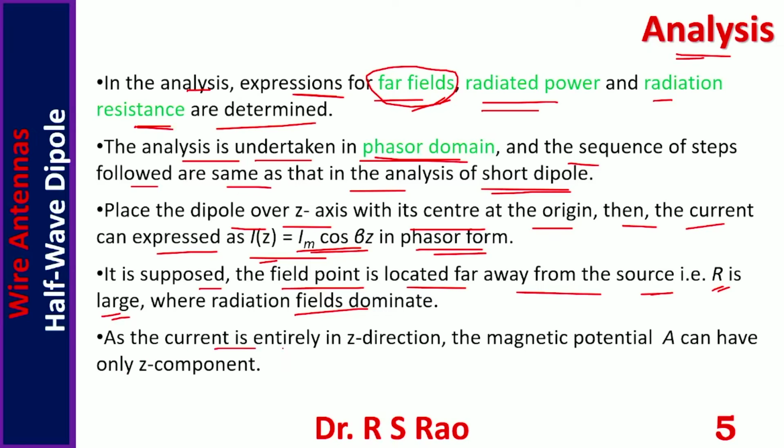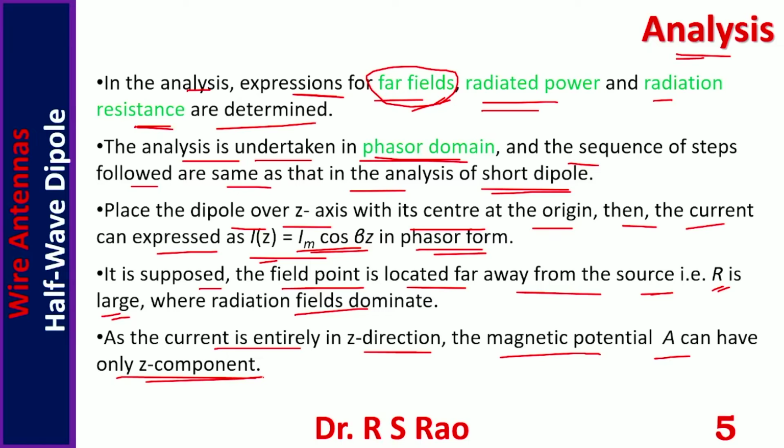As the current is entirely in z direction, magnetic potential A can have only z component. The procedure, as already mentioned, is the same as that followed during short dipole analysis. From current, vector potential is determined. From vector potential, magnetic field intensity. From magnetic field intensity, electric field intensity.